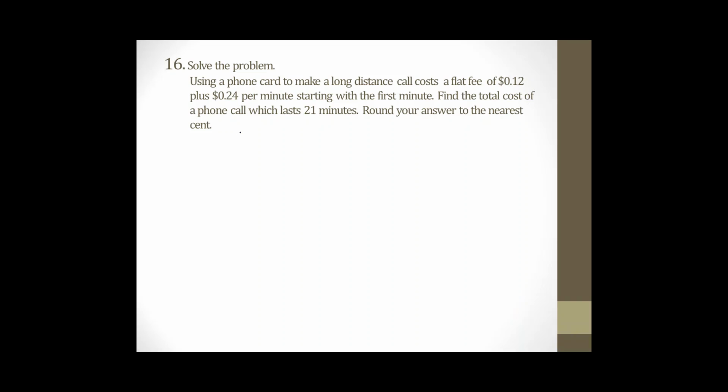So we need to write an equation that models the situation, and when you have cost, it's typically the dependent variable because it depends on the other variable. The cost depends on the number of minutes. So we think of it as C of X, and we'll let X represent the number of minutes, and C represent cost in dollars.